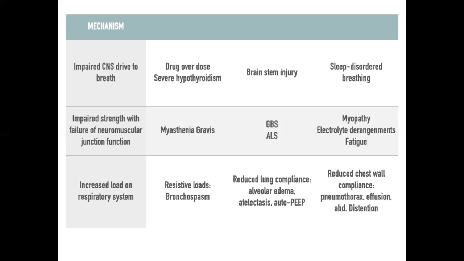Another reason for the failure in ventilation could be an increase in the load on the respiratory system, and the loads could be resistive. The load could be secondary to a reduction in lung compliance or a reduction in chest wall compliance. If there is pneumothorax, air goes out of the lungs but remains within the chest wall, and that would reduce chest wall compliance.